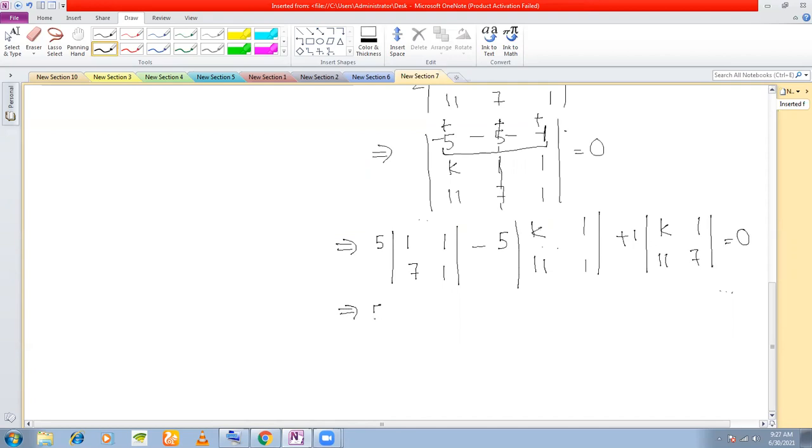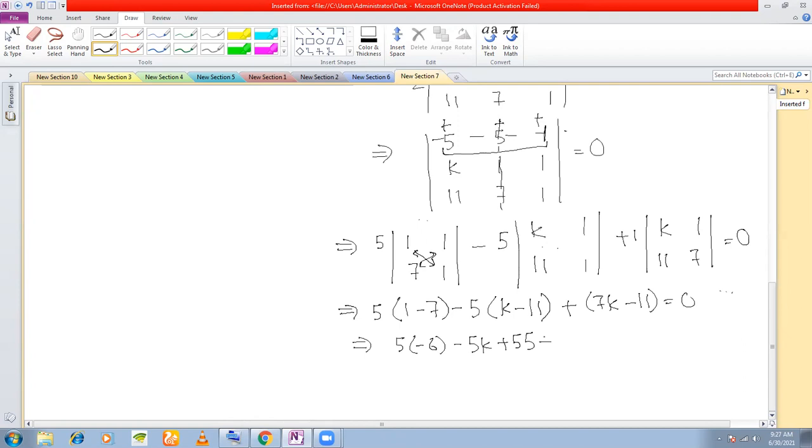That means 5 times, now you multiply these two, you get 1 minus 1 into 7 is 7, minus 5 times K minus 11, plus 7K minus 11 equal to 0. So you get 5 into minus 6, minus 5K plus 55 plus 7K minus 11 is equal to 0.